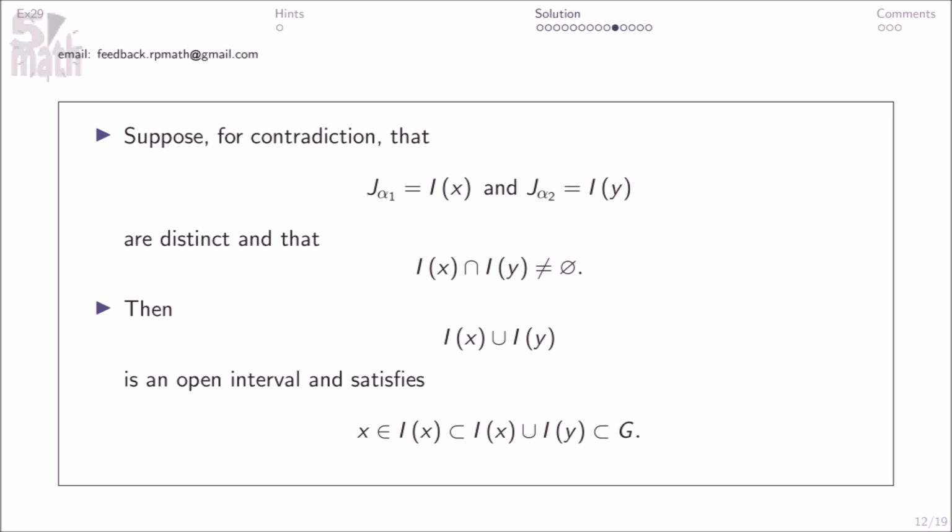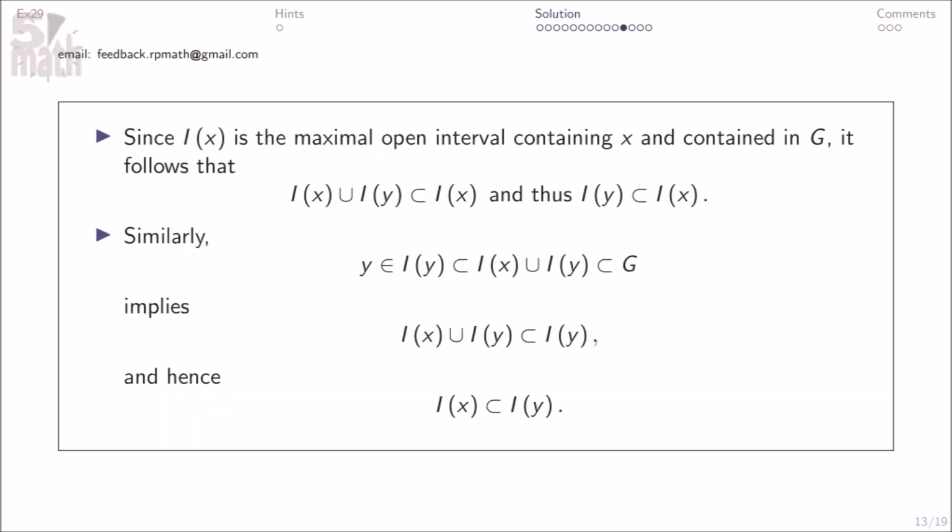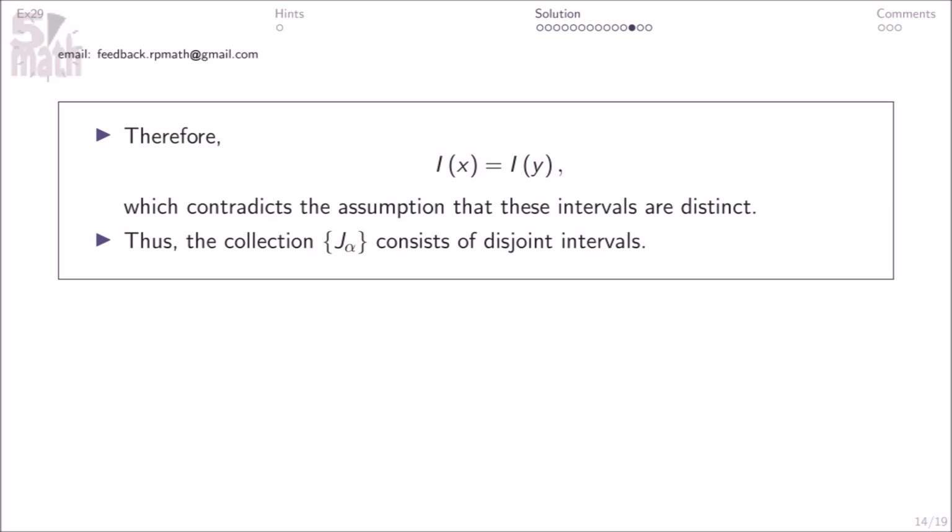Then this is an open interval and satisfies this. Since I of x is the maximal open interval containing x and contained in G, it follows that this, and thus this. Similarly, this implies that, and hence this. Therefore, I of x equals I of y, which contradicts the assumption that these intervals are distinct. Thus, the collection J alpha consists of disjoint intervals.